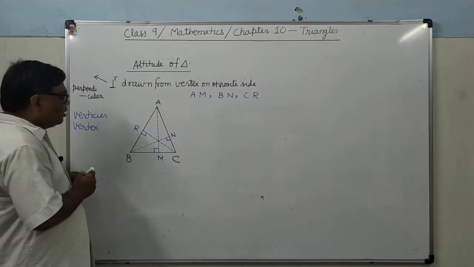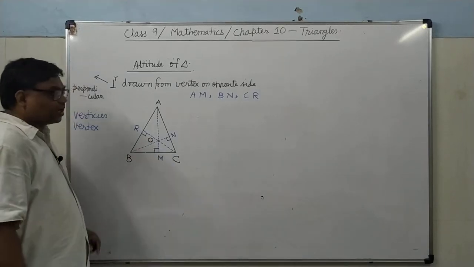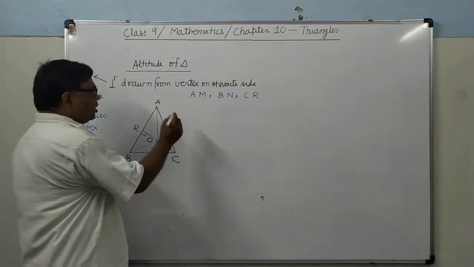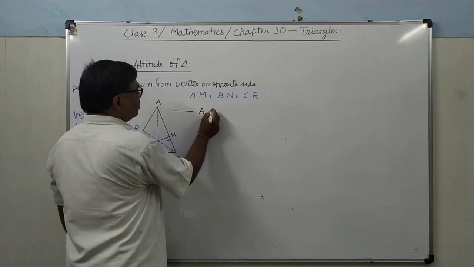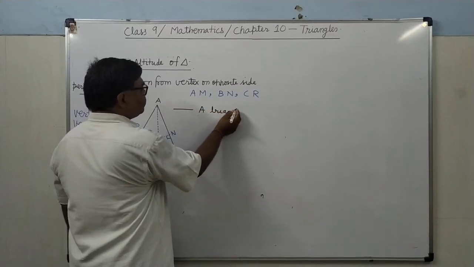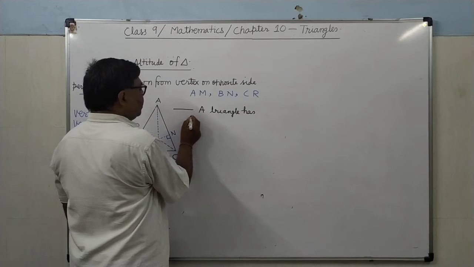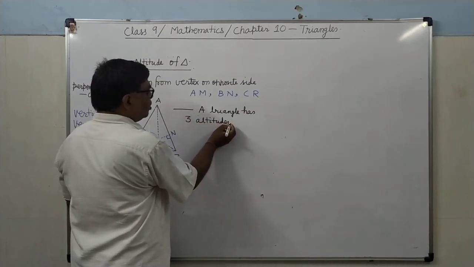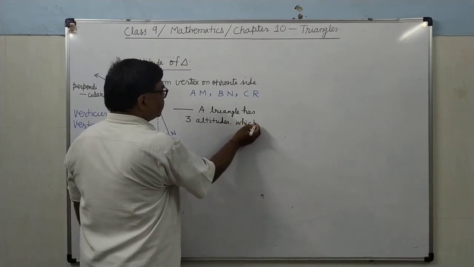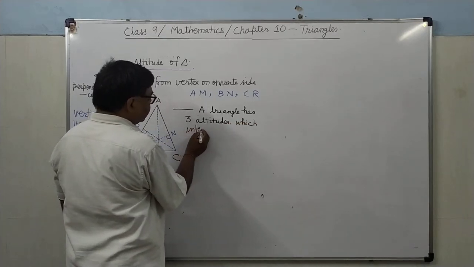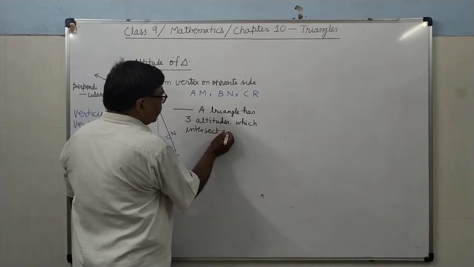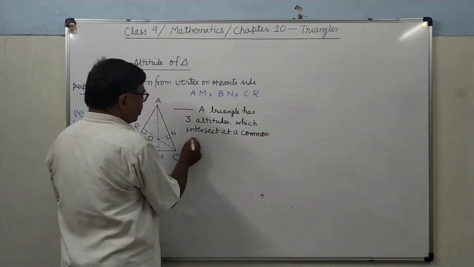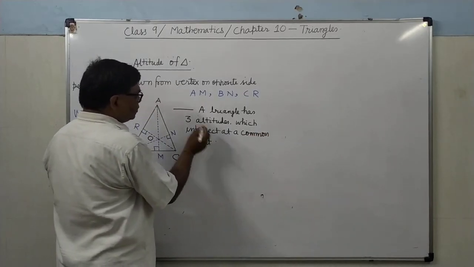Here all three altitudes will cut at a common point. That means a triangle has three altitudes which intersect at a common point.